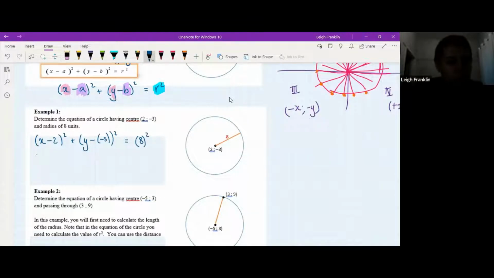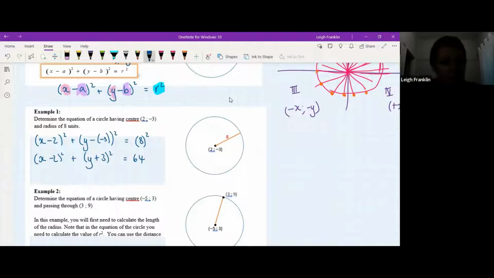Just simplifying the y bracket and the 8 squared, we would end up with (x - 2)² + (y + 3)² = 64.